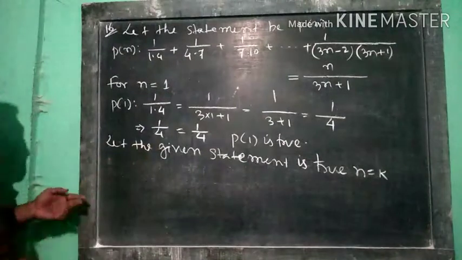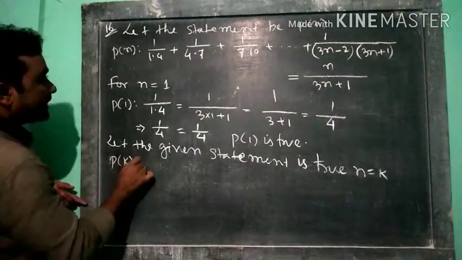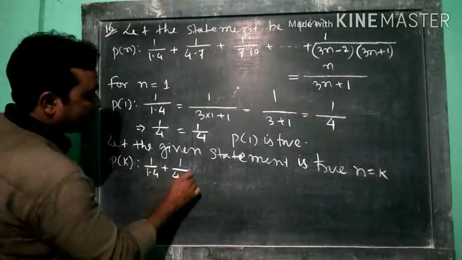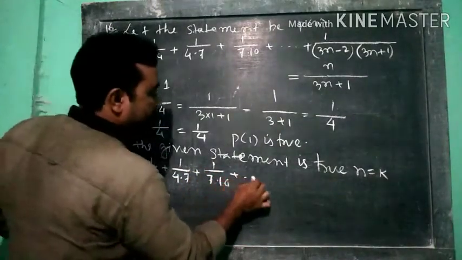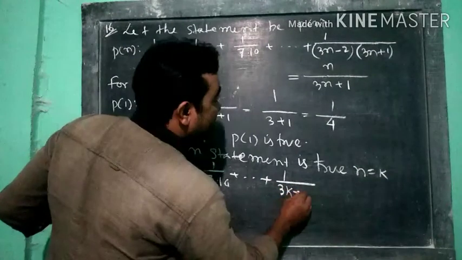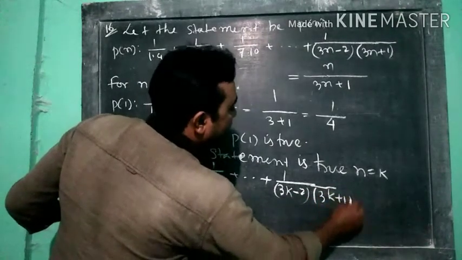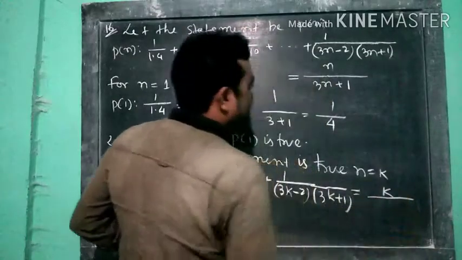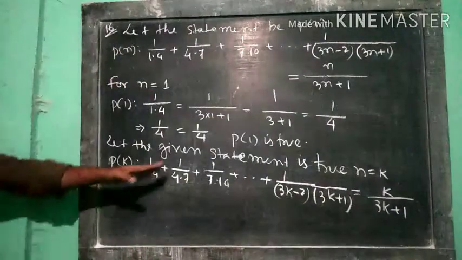So if the statement is true for n equal to k, then we can write P of k such that 1 by 1 into 4 plus 1 by 4 into 7 plus 1 by 7 into 10 plus up to 1 by (3k minus 2) whole into (3k plus 1) is equal to n, that means k divided by 3k plus 1. This is our step number 2.